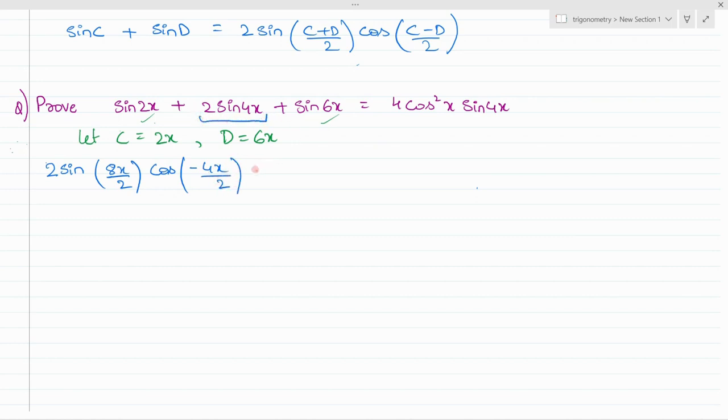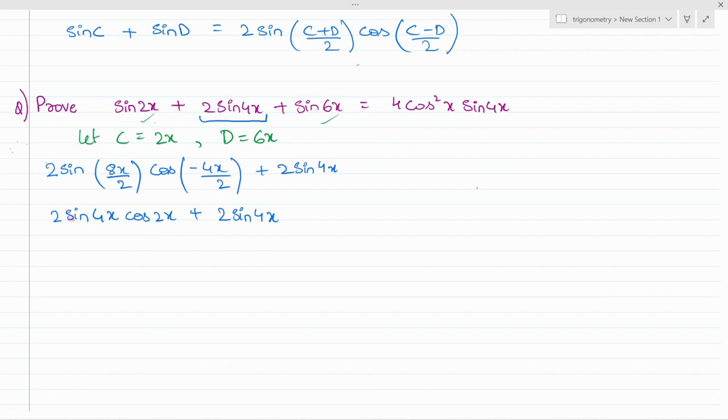Write the other term as it is, plus 2 sine 4x. So it becomes 2 sine 4x, cos of minus 2x, which is nothing but cos 2x, plus 2 sine 4x.